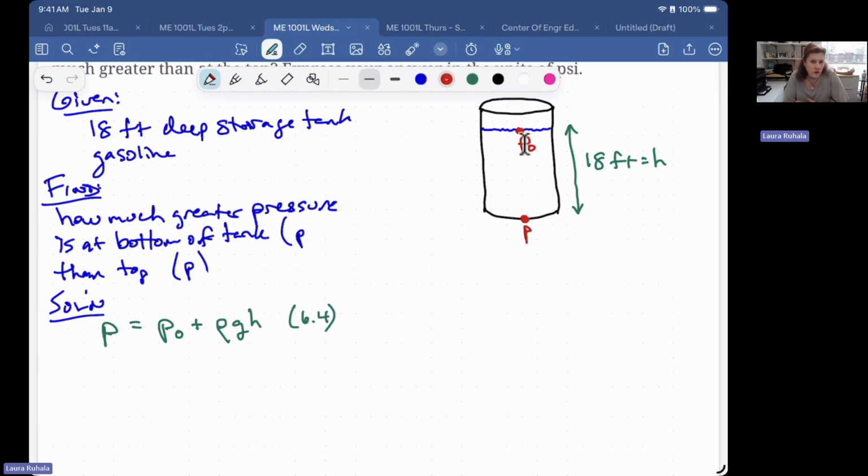The pressure that's going to be higher is at P, the bottom of the tank, or at any level going down, and the top is equal to P naught. So what is P naught? P naught is really just going to be standard atmospheric pressure.